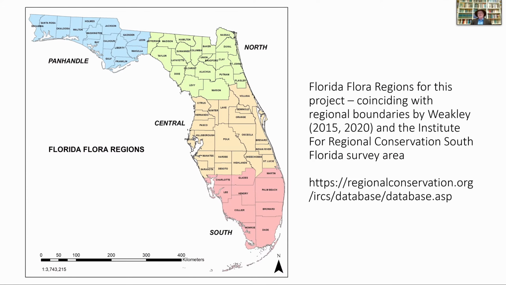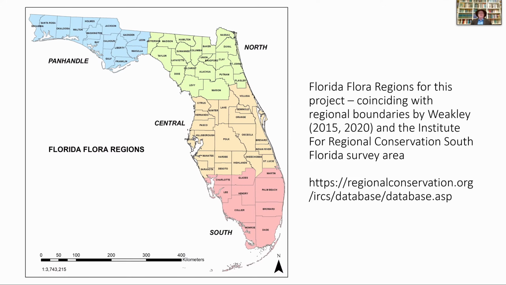Those four floristic regions that have been used for the Weakley 2020 flora provide a basis for looking at the flora of Florida by regions instead of by a statewide compilation only. The boundaries of these are somewhat arbitrary, and certainly the flora is more continuously variable between these regions.